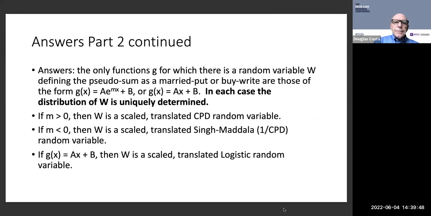And the answers are pretty limited. It's just functions of the form a e to the mx plus b, or just linear functions, ax plus b. And the distributions that result are also very limited. If m is positive, then W has to basically be a conjugate power Dagum. If m is negative, it's got to be a sigma dala, which is just a reciprocal of a conjugate power Dagum random variable. And if it's linear, then it's logistic.